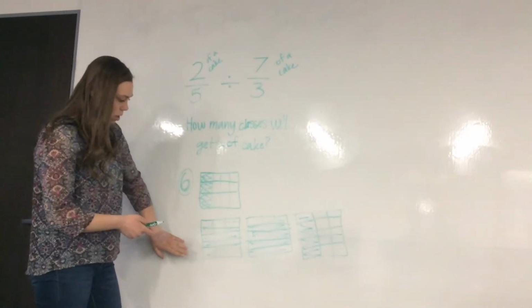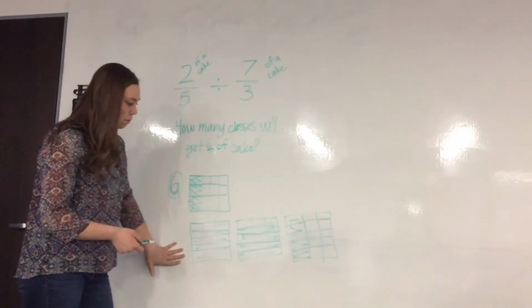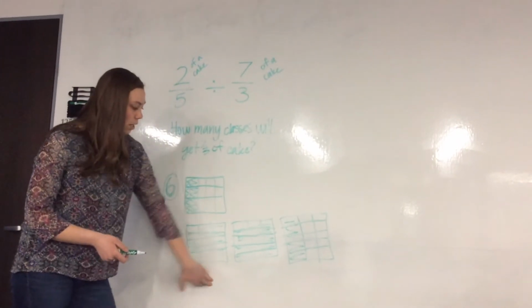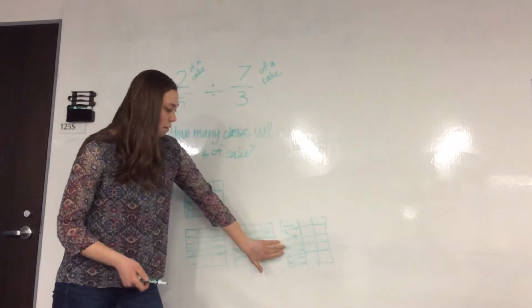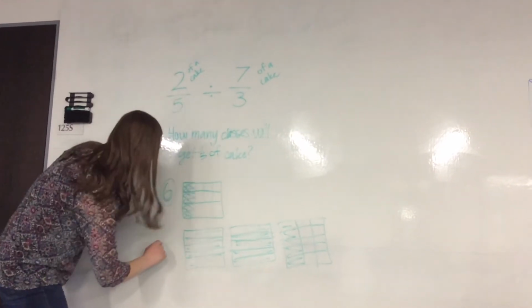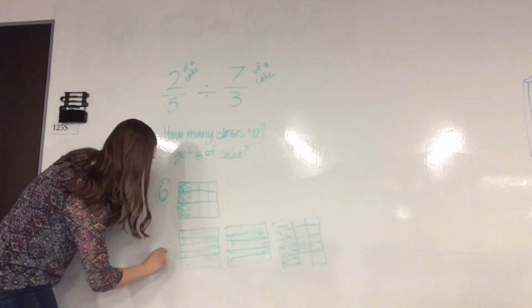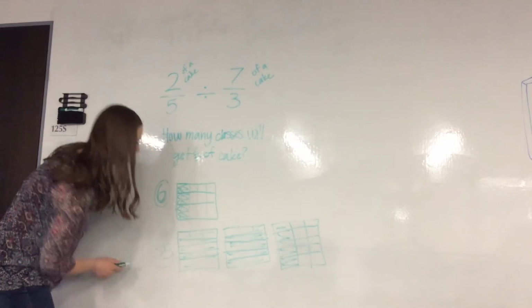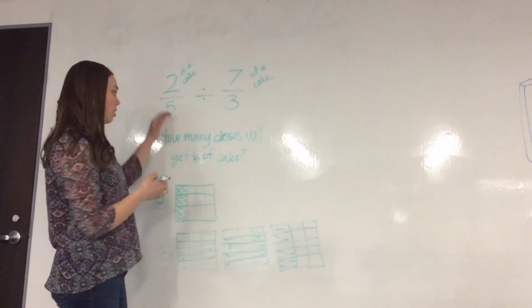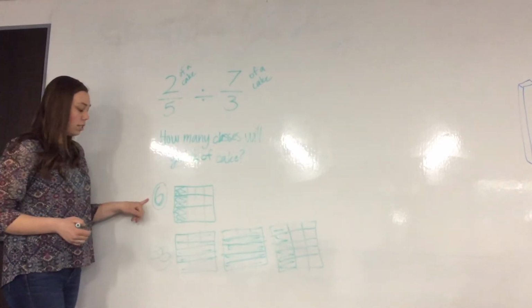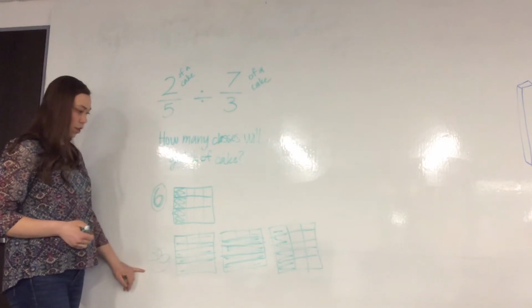Down here we have 35 total pieces. Again, we're just looking at the total number of shaded pieces. We're not acknowledging the fractions at this point. So we had 6 and then 35.